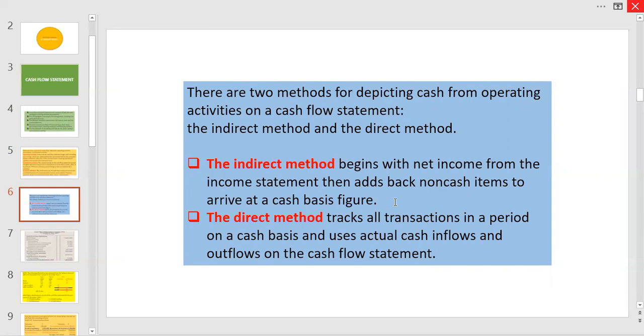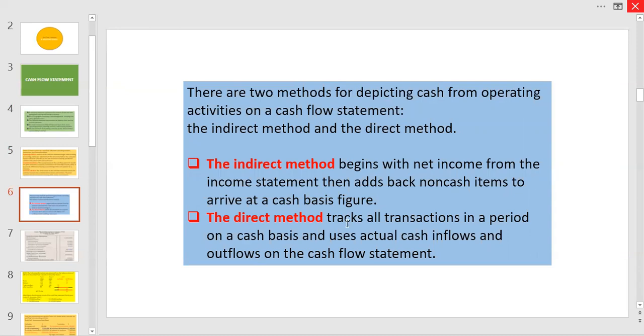A few typical adjustments are adding back depreciation expenses, adding the decrease in accounts receivable, deducting the increase in inventory, deducting the decrease in accounts payable, and adding the increase in accrued expenses and accounts payable.